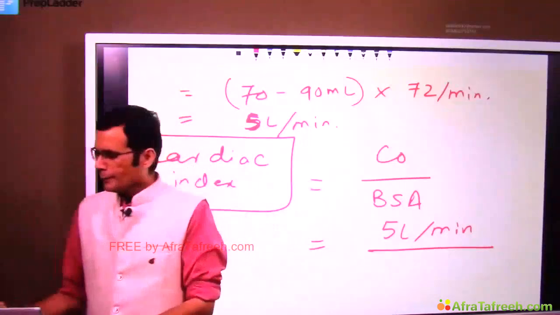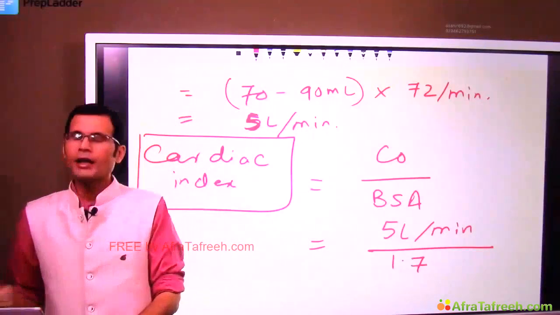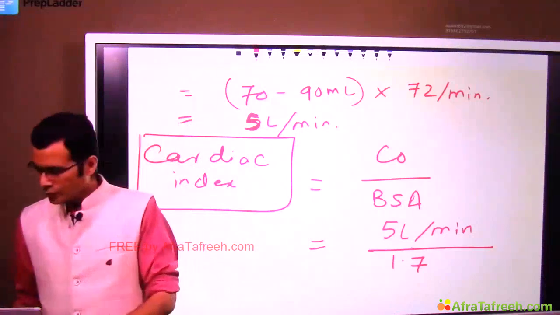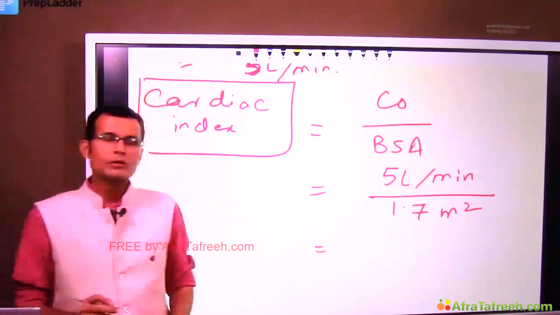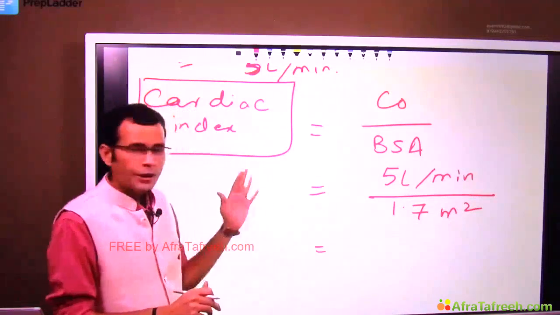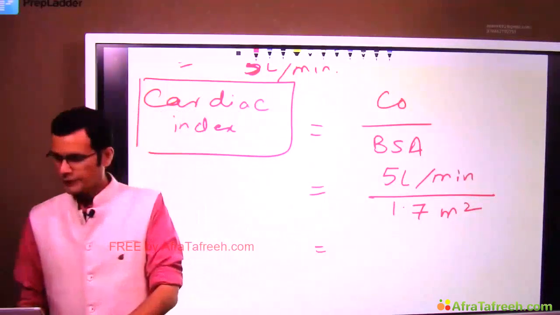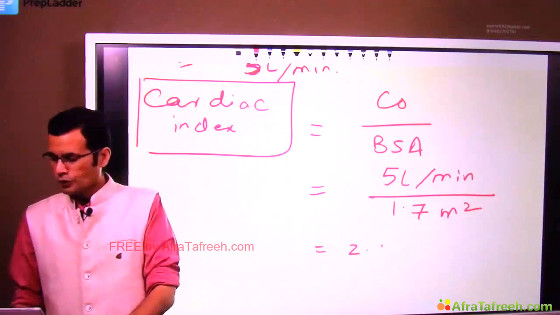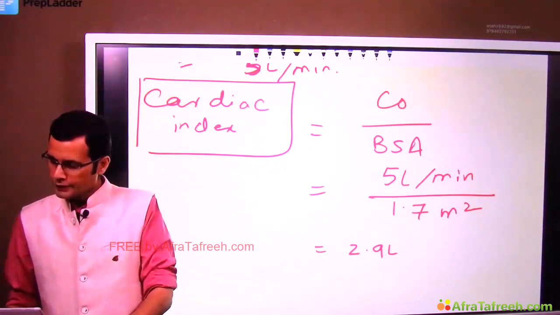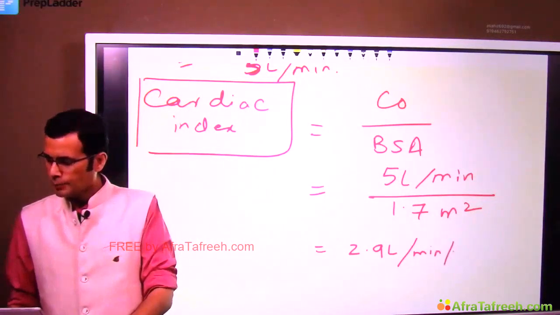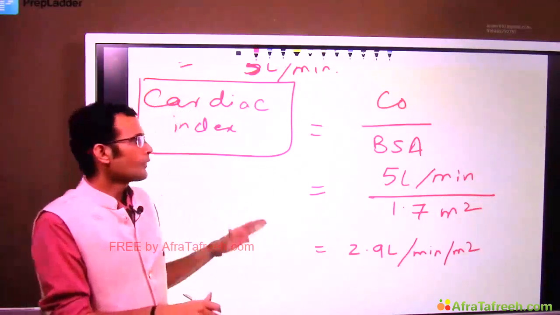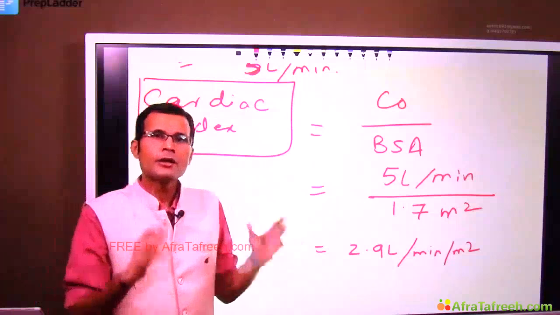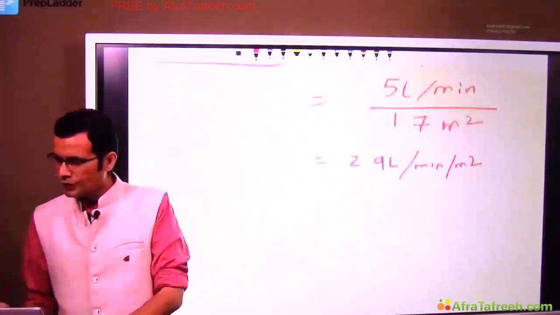Body surface area in an average healthy young adult is about 1.7 meters square, and therefore the cardiac index is about 2.9 liters per minute per meter square of the body surface area. Let me just tell you that this will have a range. So let me just tell you the range of it.